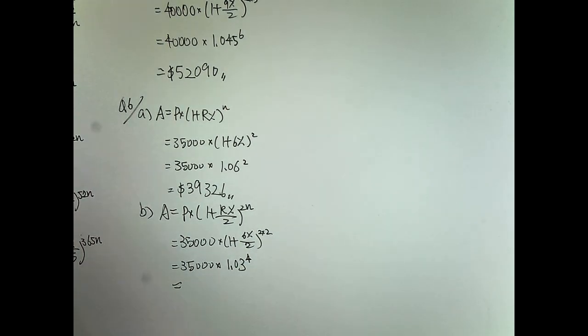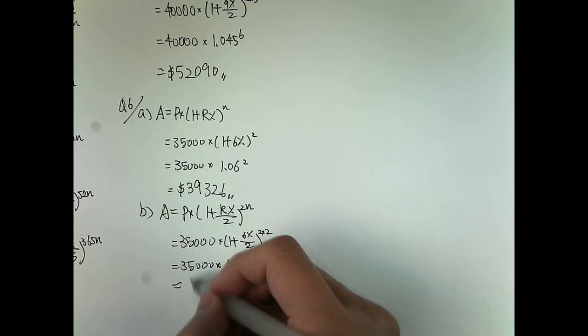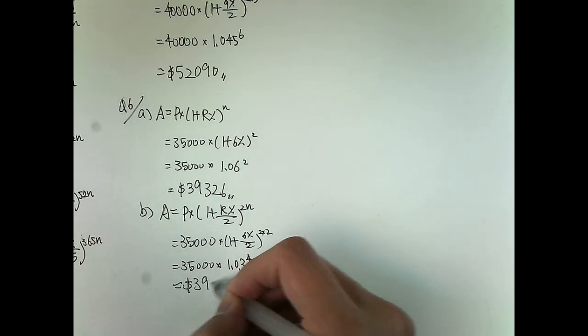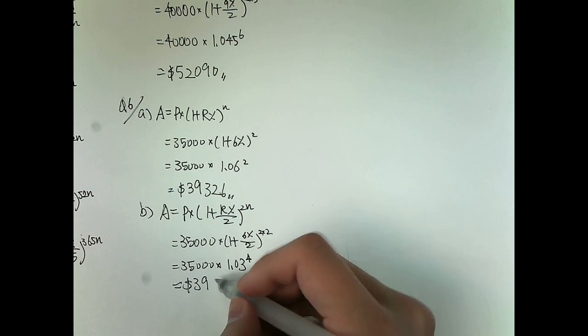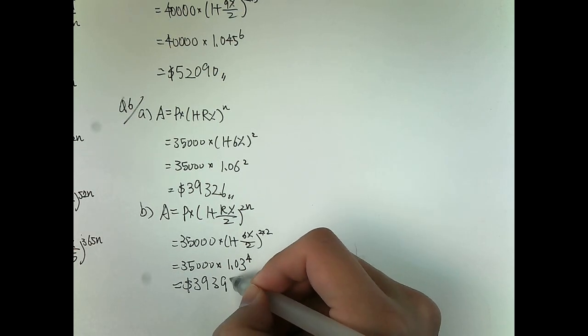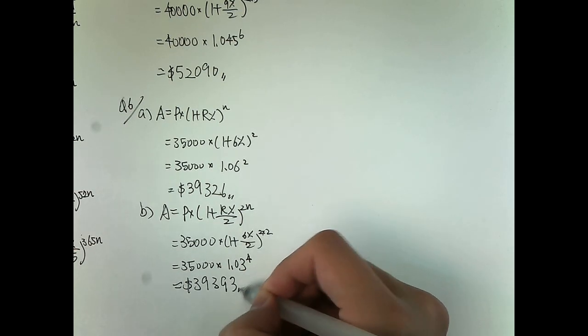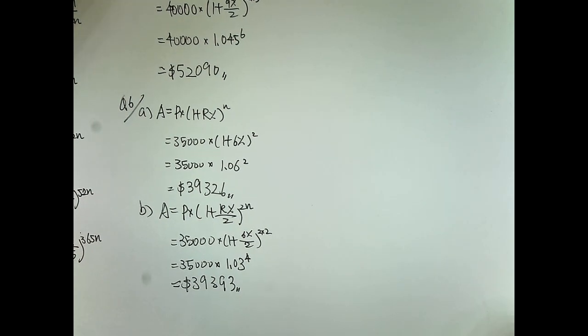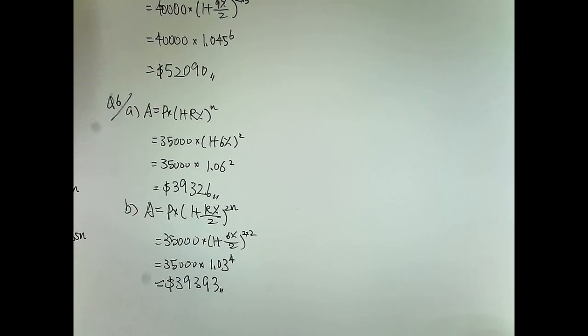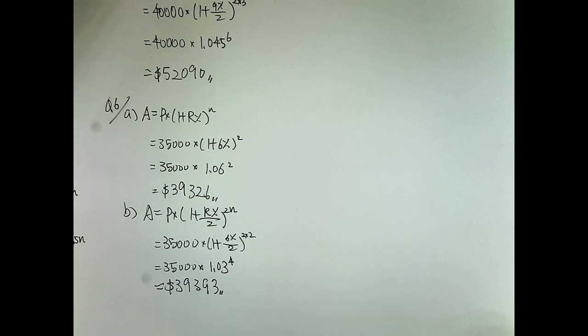Go to your calculator. It should be 39,393. So this is B.